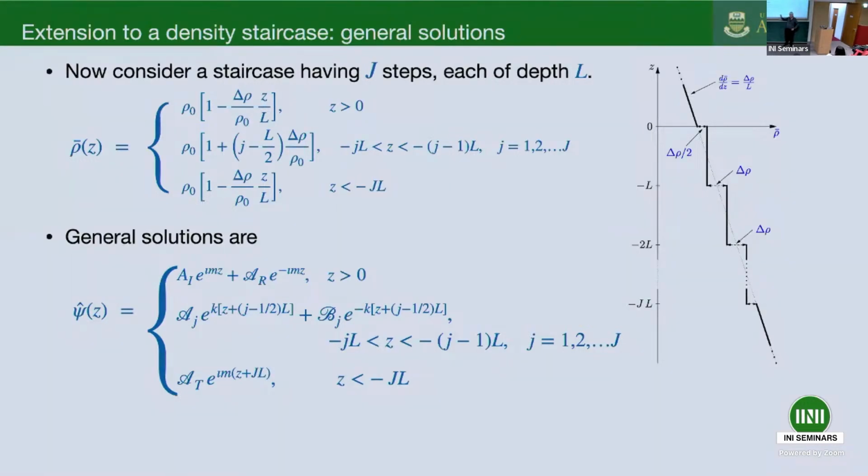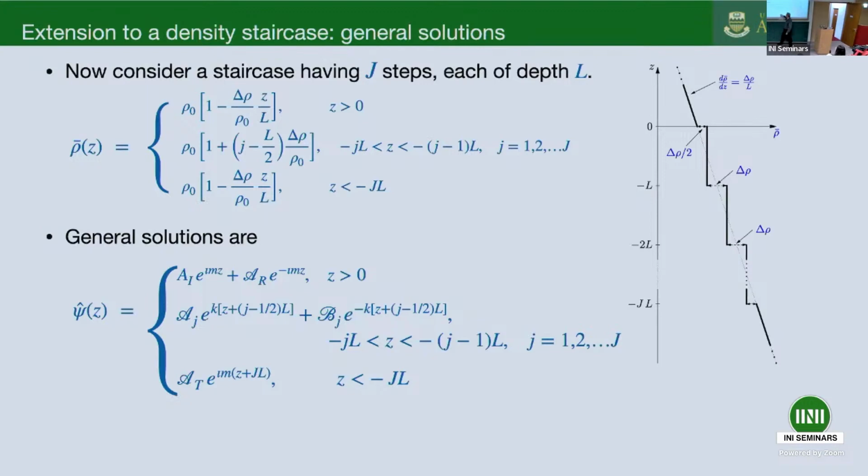Now I've done something necessary here to come up with an analytic solution. I'm not just writing for the evanescent stuff e to the kz and e to the minus kz. I'm putting in these shifts. And these shifts don't matter. This is just a constant times k. I could roll it into the constant out front, but I'm putting it into those shifts so that when, for example, z is minus jL, it will exactly cancel that plus jL.